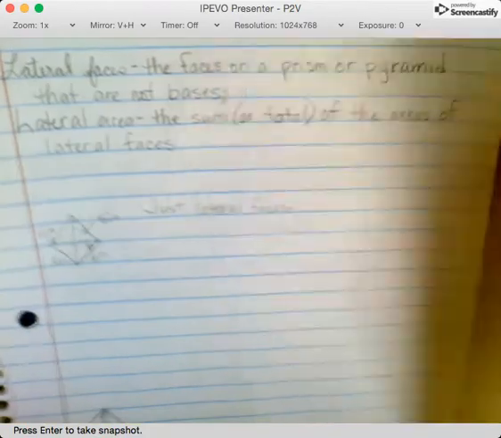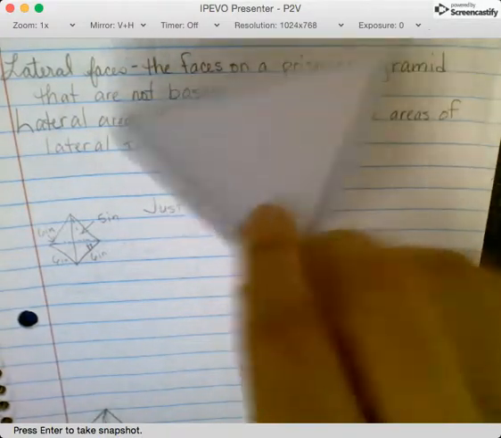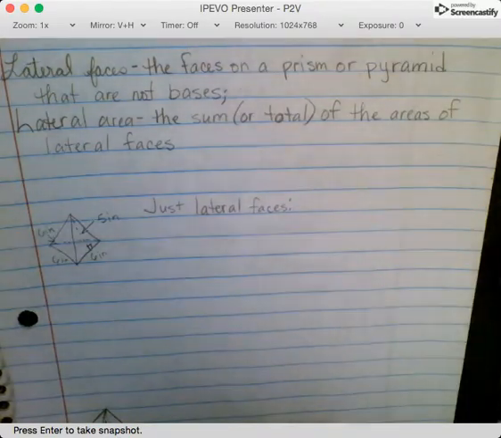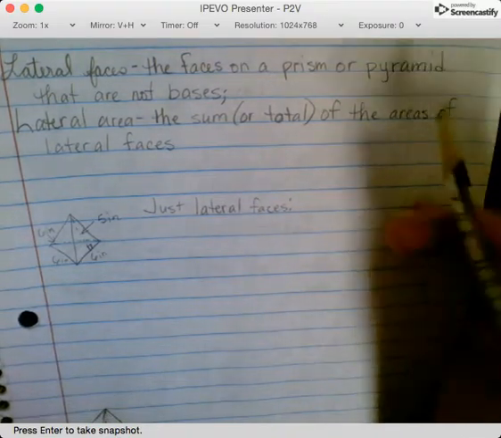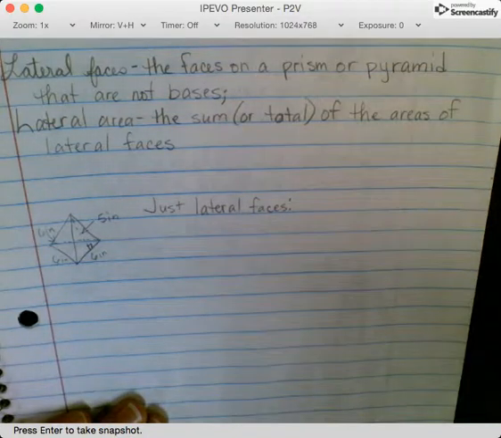And if I added on all sides but the bottom side of this triangular pyramid, then it would be the lateral faces. So this first one, I'm going to just find the area of the lateral faces.